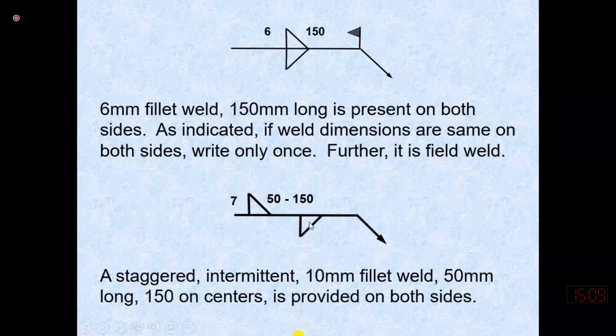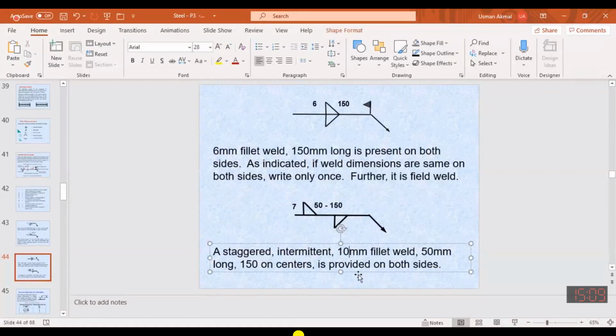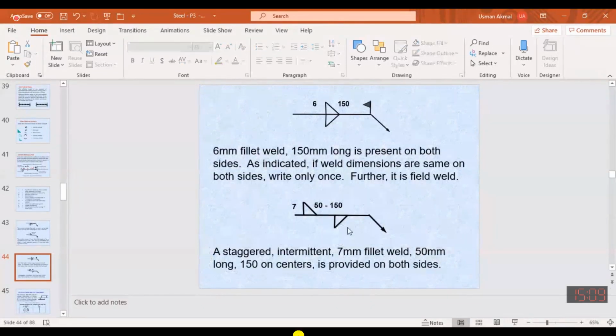Actually there is a mistake: 7 mm. A 7 mm fillet weld will be used, the length of each segment will be 50 mm and the center to center distance will be 150. So this will be staggering.